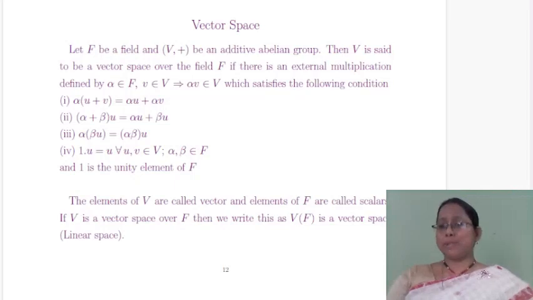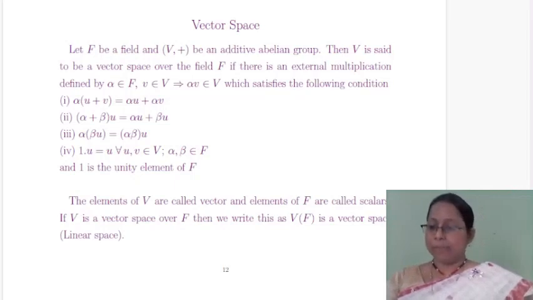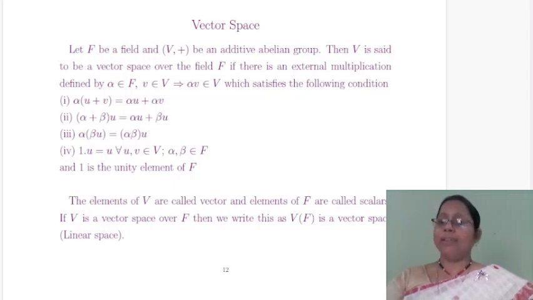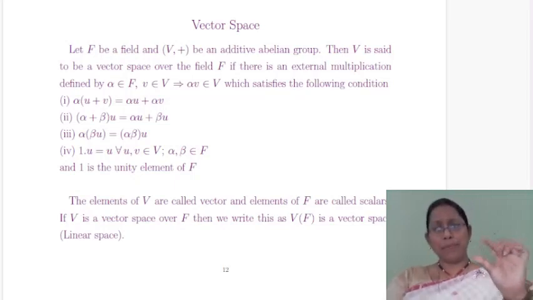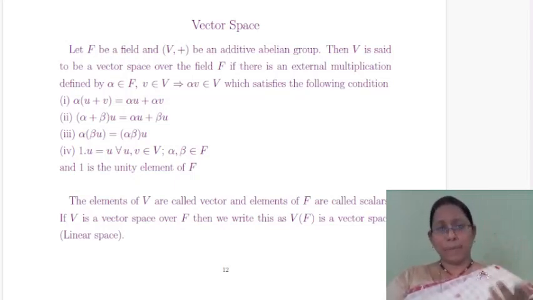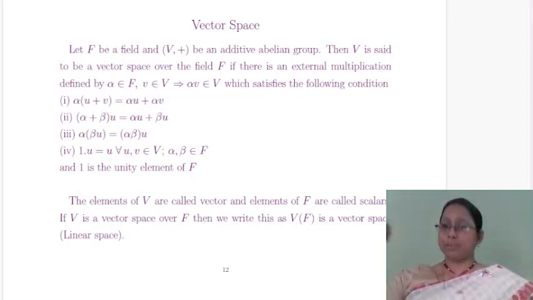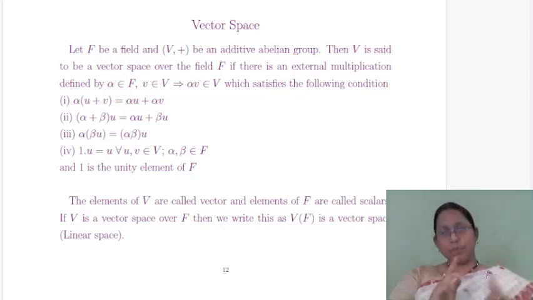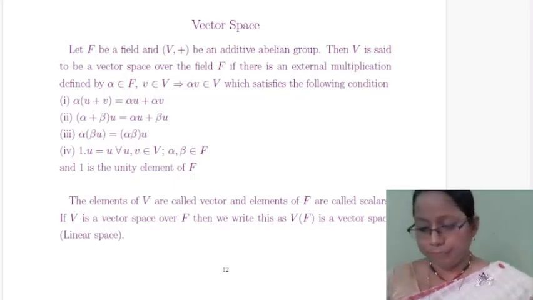Again, plus is associative in F. We have already defined what is associativity in F. Plus is commutative in F. That is, take any two elements of F, alpha, beta. If alpha plus beta is equal to beta plus alpha, then it is called commutative.